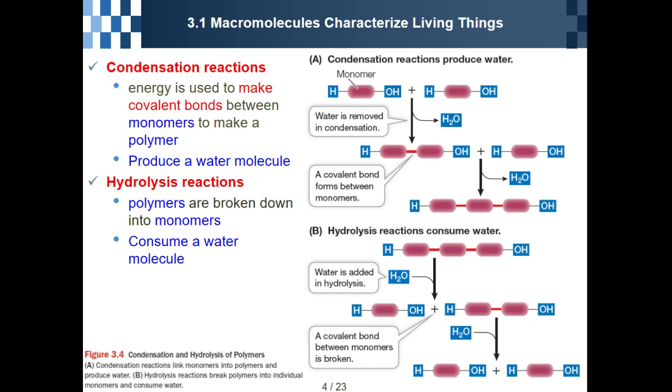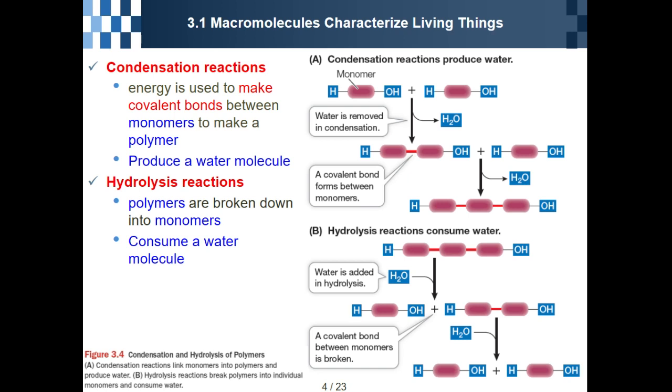Hydrolysis reaction means that this polymer is broken down into monomer or intermediate, and this intermediate is broken down further. At that time, usually H2O is used, so this covalent bond becomes OH, and this one becomes H, like this.